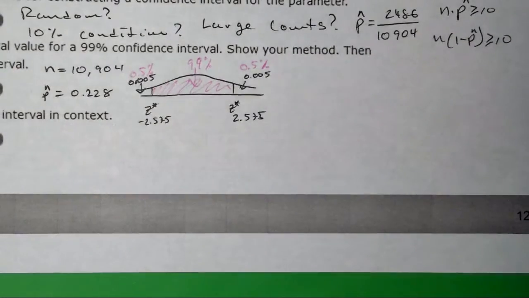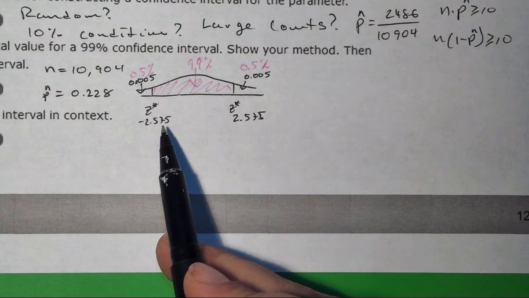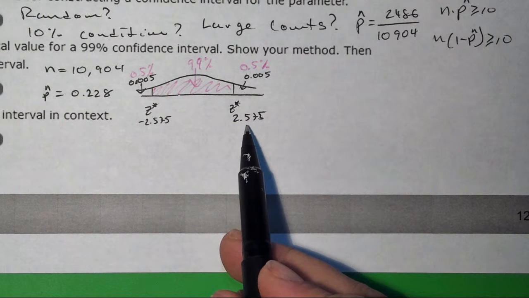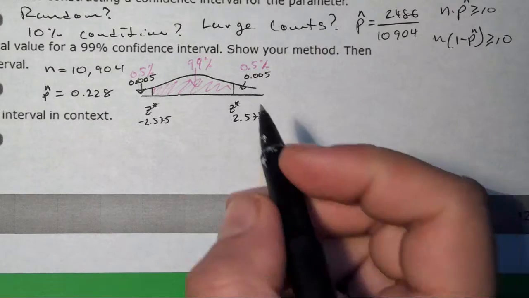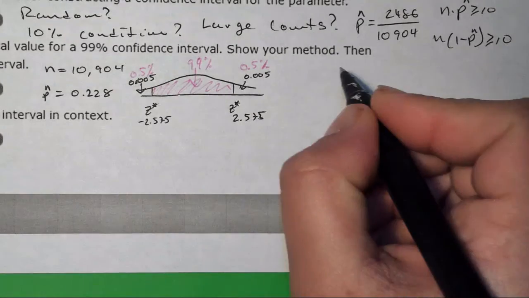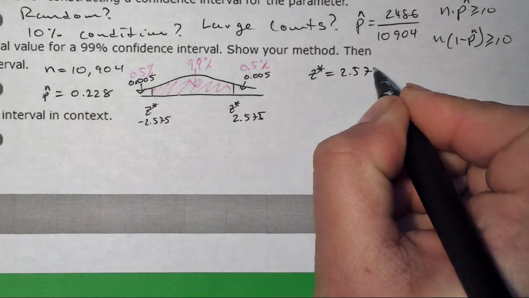Right. Okay, so yeah, we're okay with that. Alright, so we got 2.575 as our critical value. Okay, so that answers the first question. Alright, so this is your critical value. Z star is equal to 2.575.